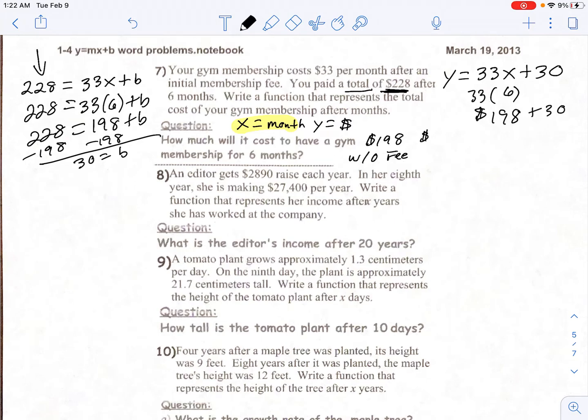And then obviously if you add the 30, it's $228 with the fee. Like I said, I don't know why they asked that question. It's kind of a dumb question if you ask me, but I'm going to answer it in both of those different ways.